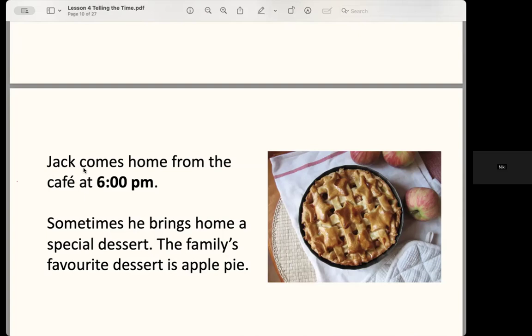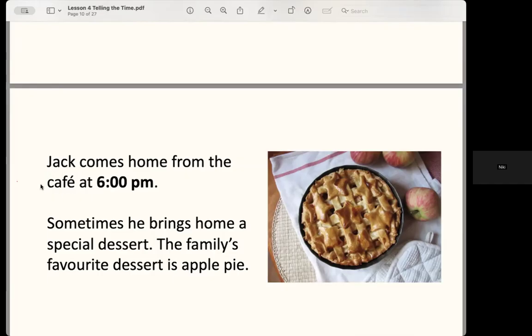Excellent. Thank you. Rosina, that was really nice reading, but just practice some of these words. That is the word cafe. Can you say the word cafe? Just the word here, cafe, where the arrow is.